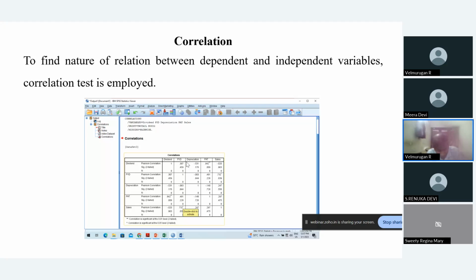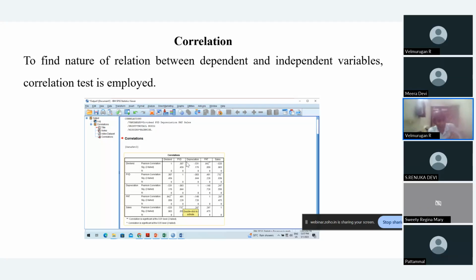To find the nature of the relation between dependent and independent variables, we can employ correlation. If your population is normally distributed, you can employ Pearson correlation. If your population is not normally distributed, instead of Pearson, kindly use Kendall's coefficient.